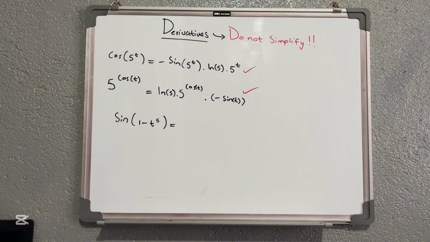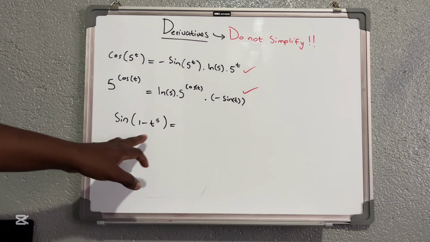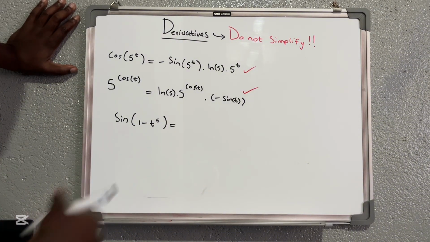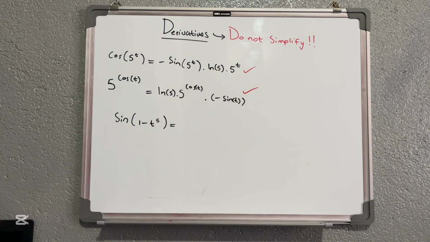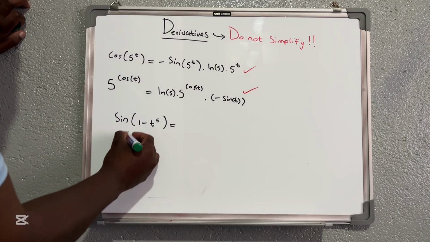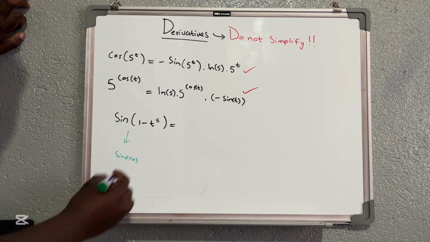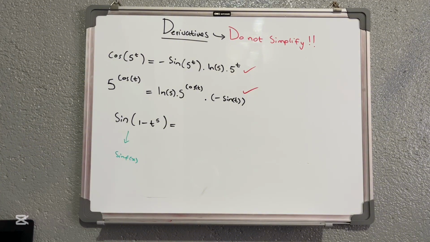So first things first, you're going to ask yourself, which rule do I have that is for sine of f of x? Because this is definitely a function, so you know you're dealing with something like sine of f of x, because you're having a function inside.